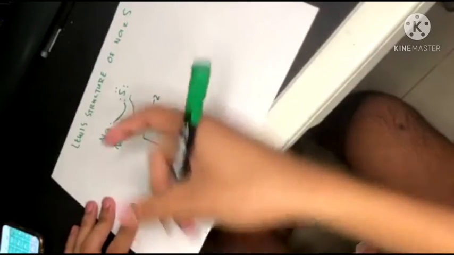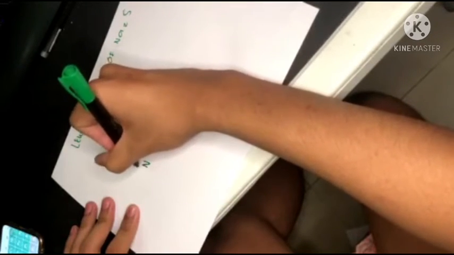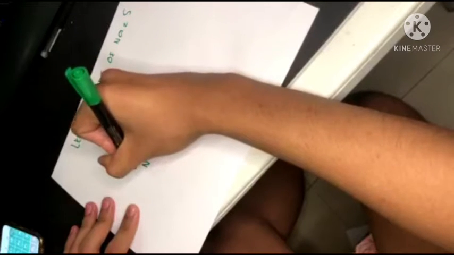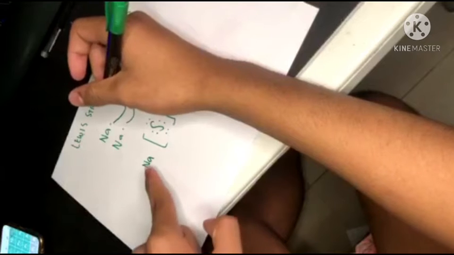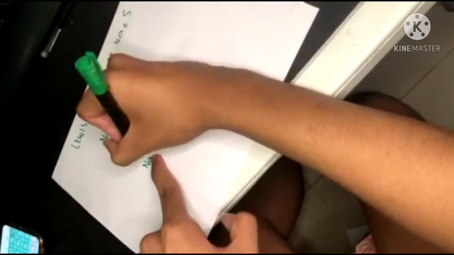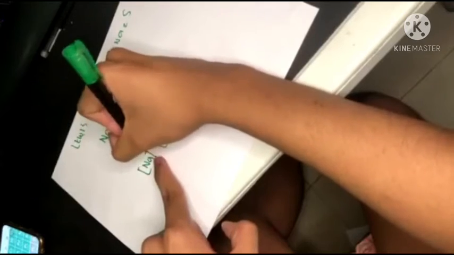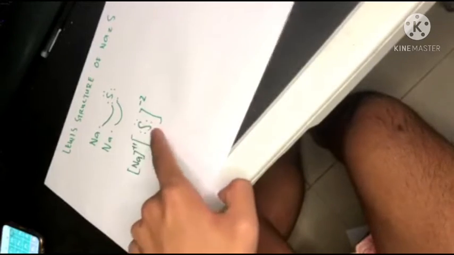After that, we need to write the sodium. So we have this, it's a sodium. We don't need to put dots or electrons. We just need to put +1, which was borrowed by sulfur.